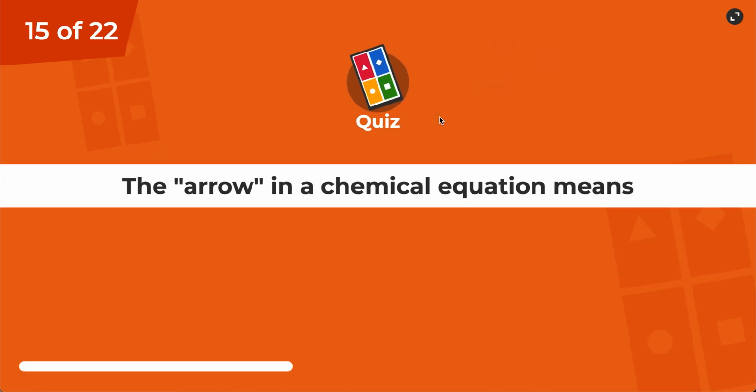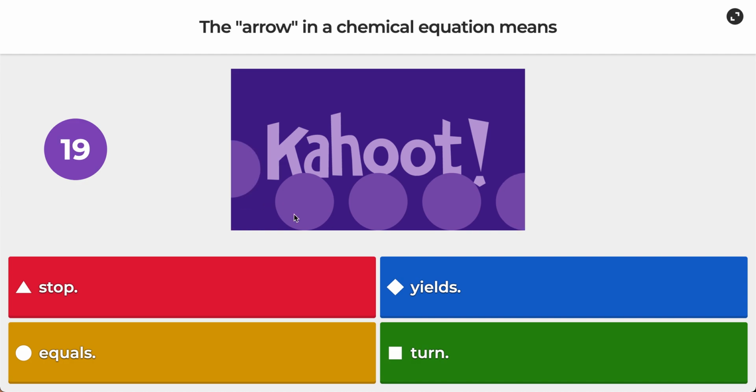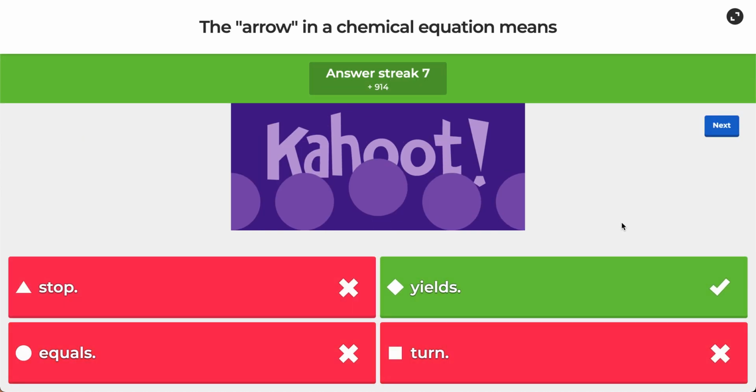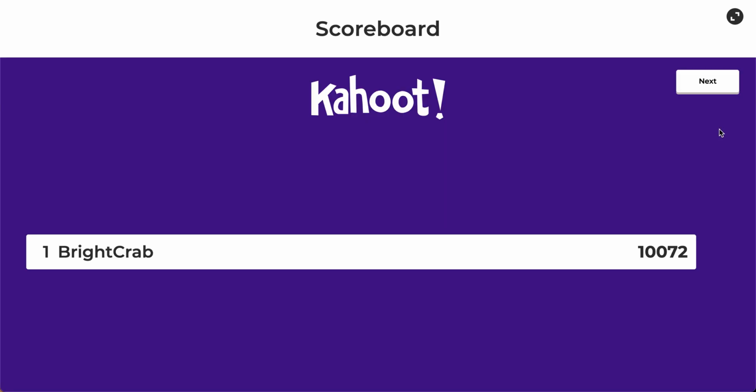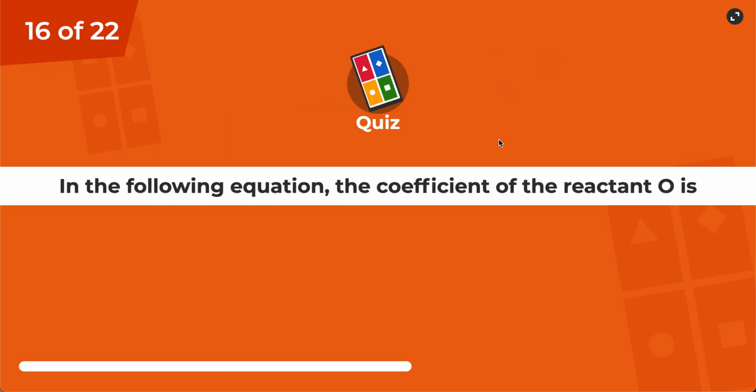All right, next up, the arrow in a chemical equation means what? So that arrow is going to tell us that it is yields. Hydrogen and oxygen react to yield water. In the following equation, the coefficient of the reactant O is what?